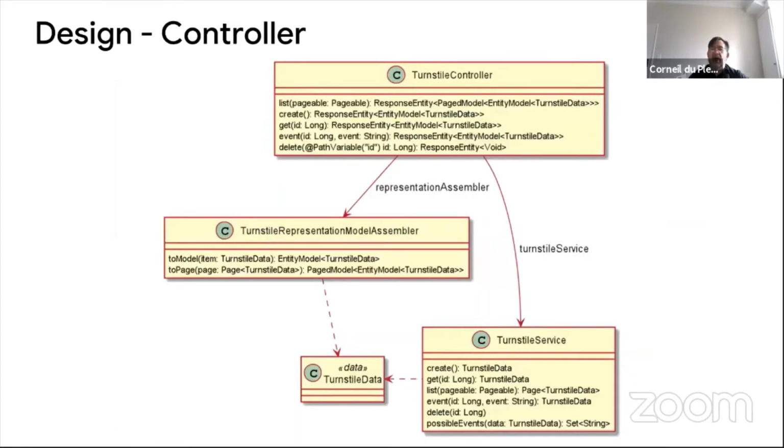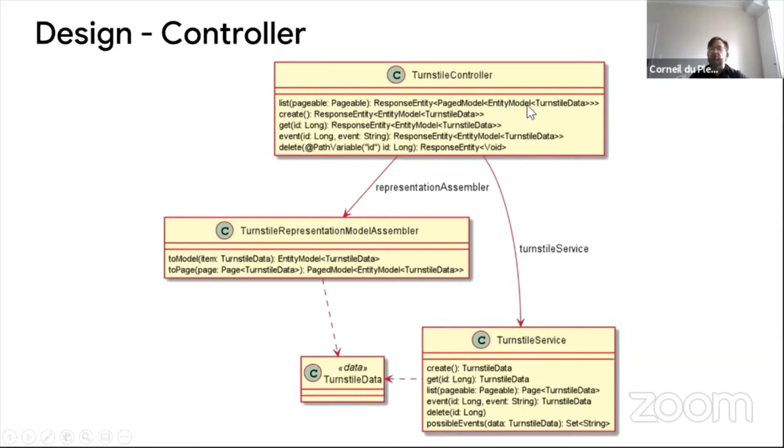Now, how do I present that to the front end? Well, by building a controller that accepts a pageable, which means it will basically look for those parameters, page and size, and also sort to create a pageable object that gets sent to the service to request a page of turnstile data.